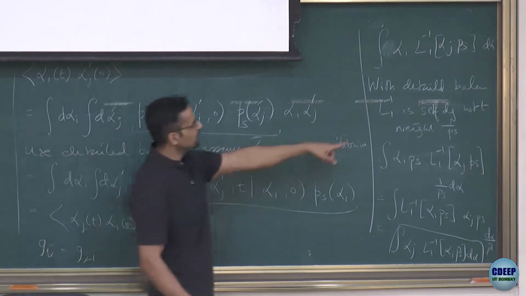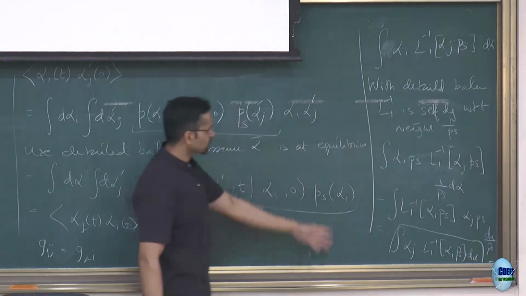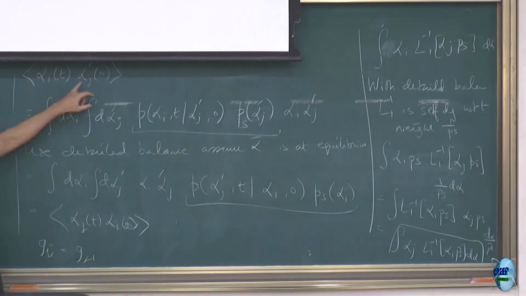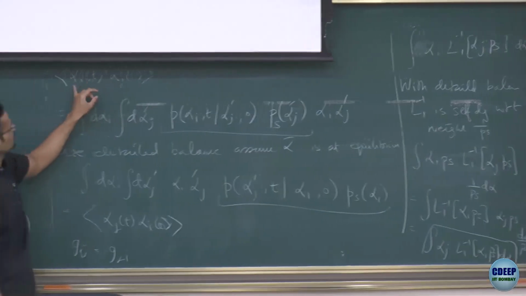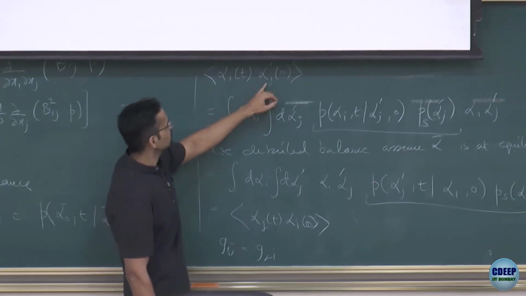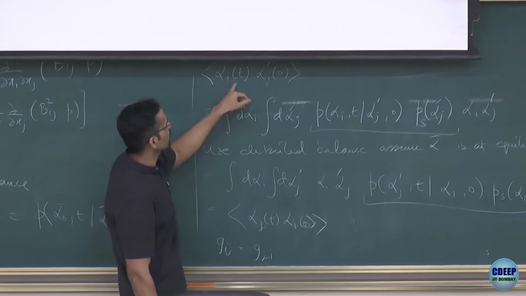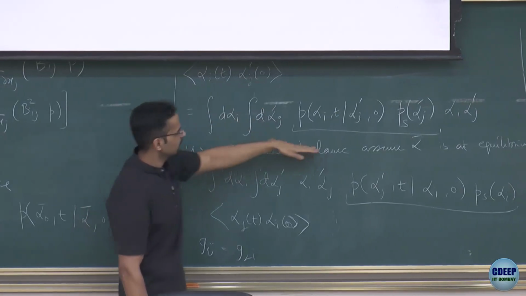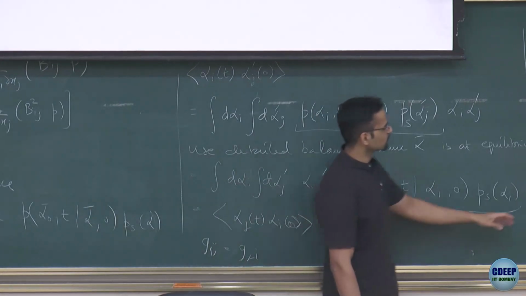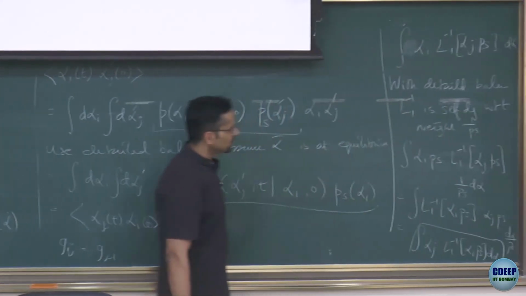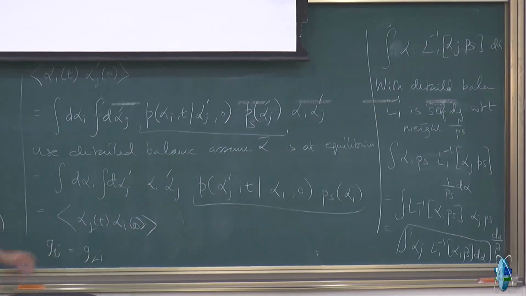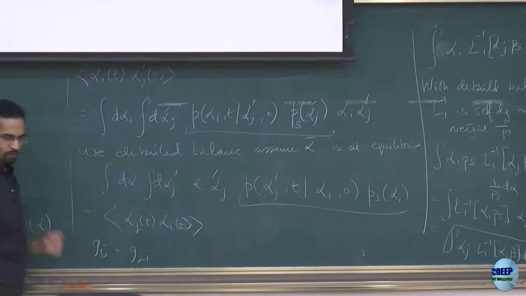But that property happens only under detailed balance. In fact, to prove that, as I said, instead of taking the autocorrelation of alpha i, alpha j, I take some function f of alpha i, g of alpha j, and I use some properties, I can show this. But even without going there, you just use detailed balance here directly and we'll get what we want.